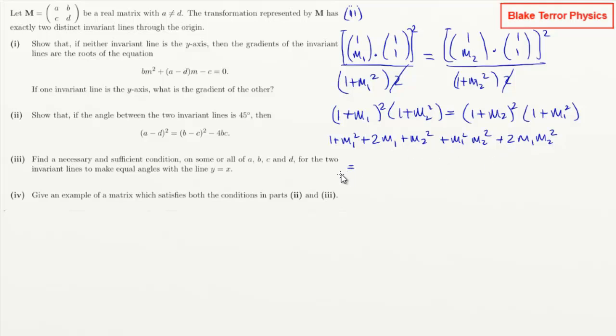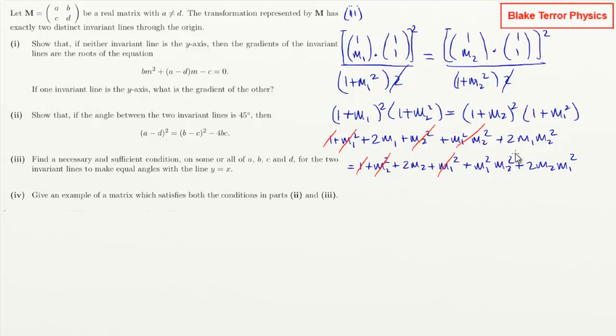And then that has got to be equal to exactly the same thing, but I swap over the 1's and the 2's. So 1 plus m2 squared plus 2m2 plus m1 squared plus m1 squared m2 squared plus 2m2 m1 squared. So let's do some cancelling. The 1's go, the m2 squareds go, the m1 squareds go, the other things don't.